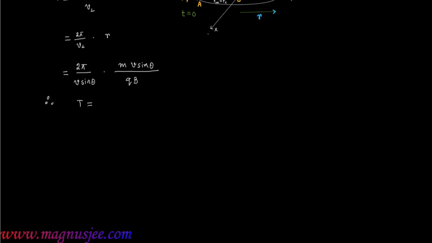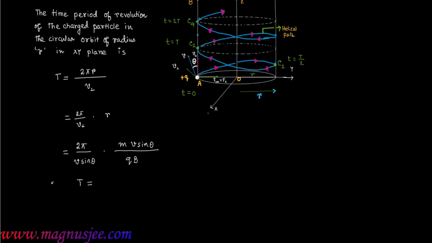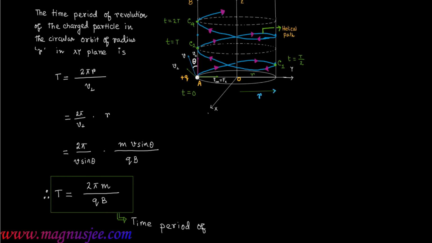Therefore, T equals 2 pi m divided by qB, which is independent of the angle theta and velocity. This is the time period of revolution of the charged particle.